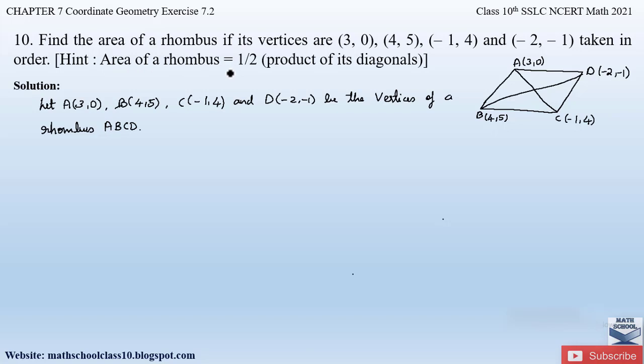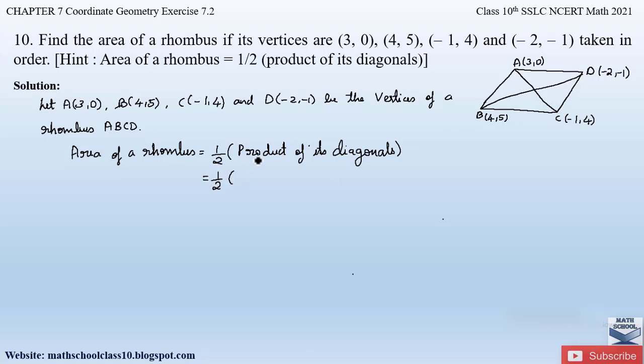Since we have to calculate the area, the area of a rhombus is given as half of the product of its diagonals. Which are the diagonals of this rhombus? Here the diagonals are AC and BD. So let us substitute: half into the product, meaning multiplication, of its diagonals, that is AC into BD.